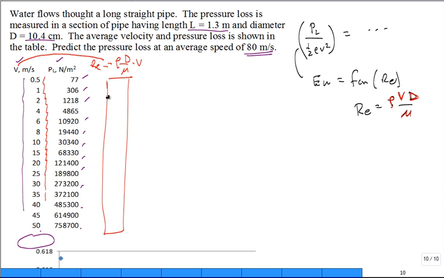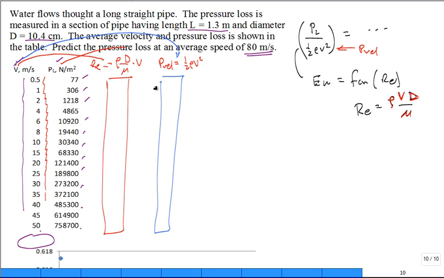How about the Euler number? You take that pressure loss. Well, I would do it in two steps. I would get what I call the velocity pressure, P velocity. And so the velocity pressure is just 1/2 rho V squared. I just use this data right here. Let me change color. Bring it over, and I get the velocity pressure column as a separate little entity.